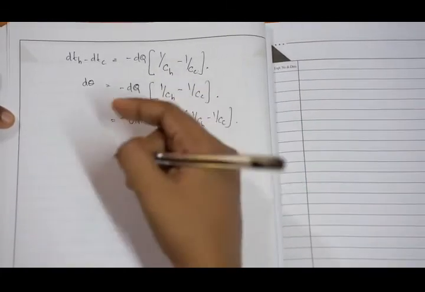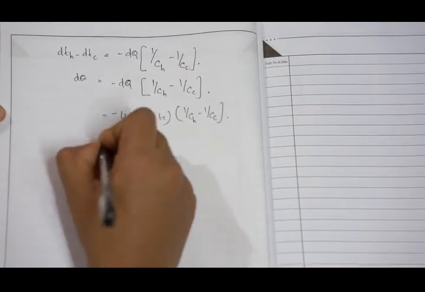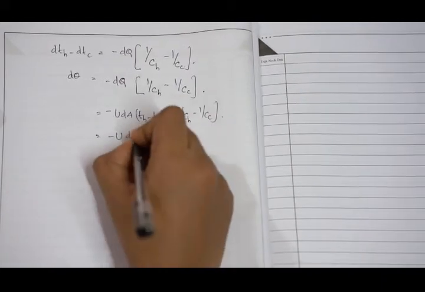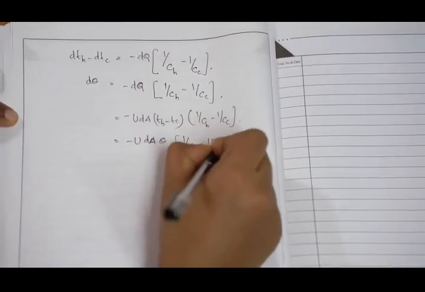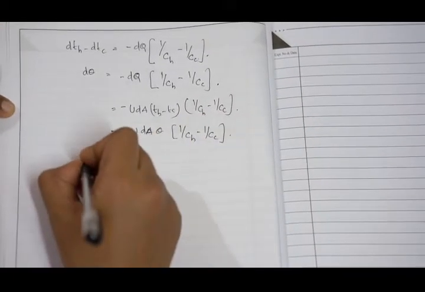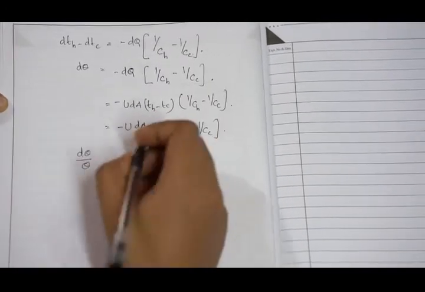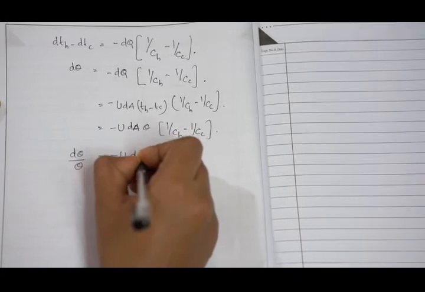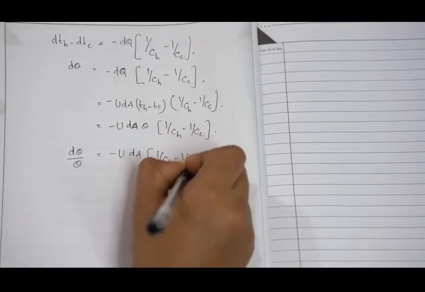Inserting the value of dQ from the equation, minus U into dA into, instead of TH minus TC, we give theta, into 1 by CH minus 1 by CC. Then the equation becomes d theta by theta. We are rearranging this equation. So d theta by theta is equal to minus U dA into 1 by CH minus 1 by CC.